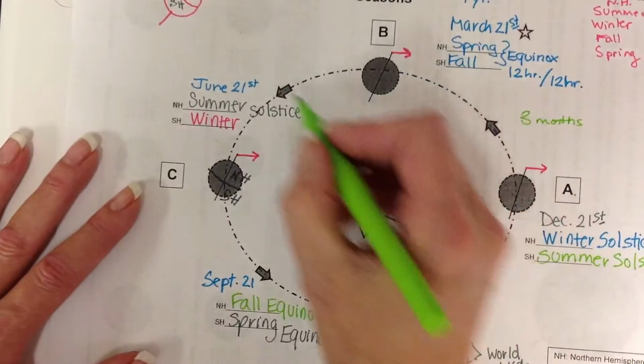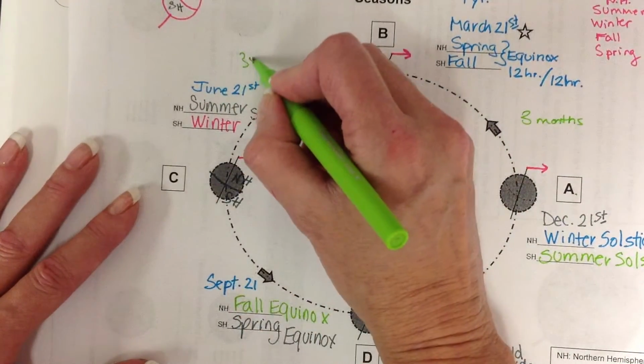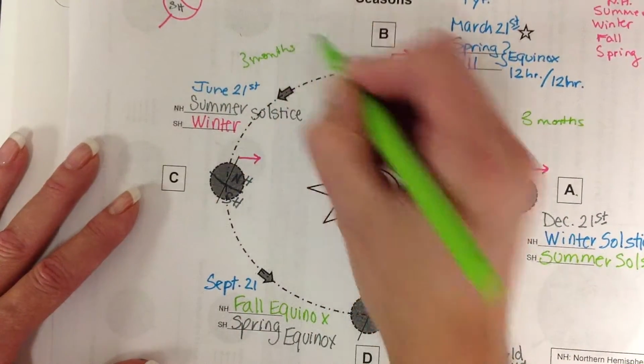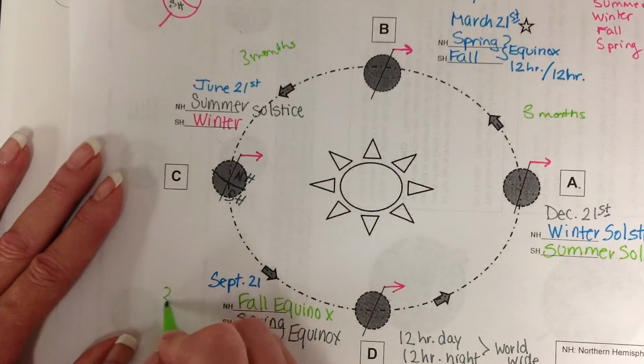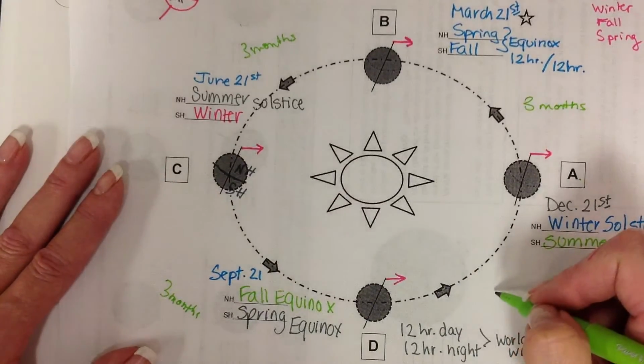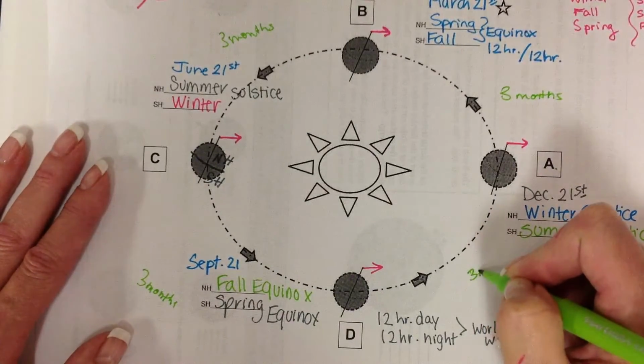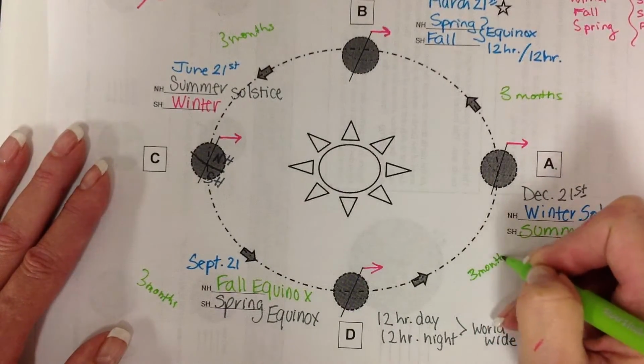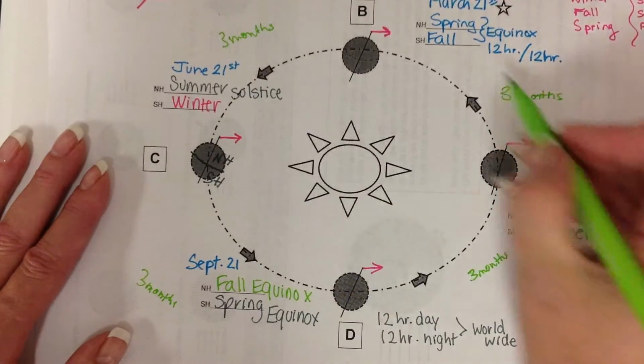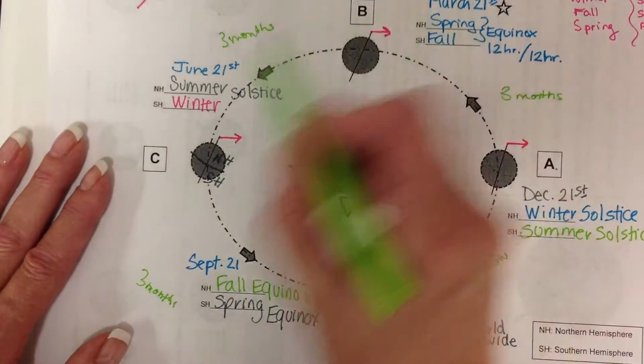From B to C would be 3 months, right? From C to D would be 3 months. And from D to A would also be 3 months. So you add it all together and you have 12 months. 3, 6, 9, 12. One complete year.